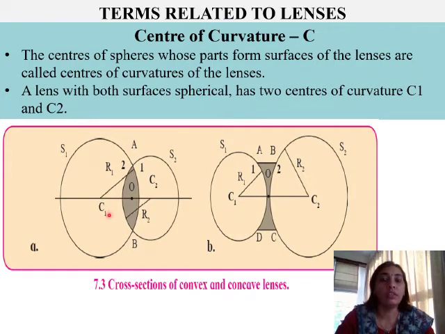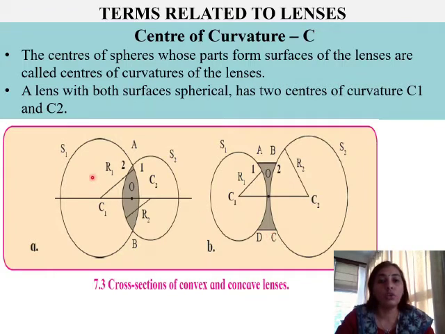Now we shall be talking about a biconvex lens and a biconcave lens, and simultaneously we will learn for both types of lenses. So diagram A is with respect to a biconvex lens, whereas diagram B is with respect to a biconcave lens.